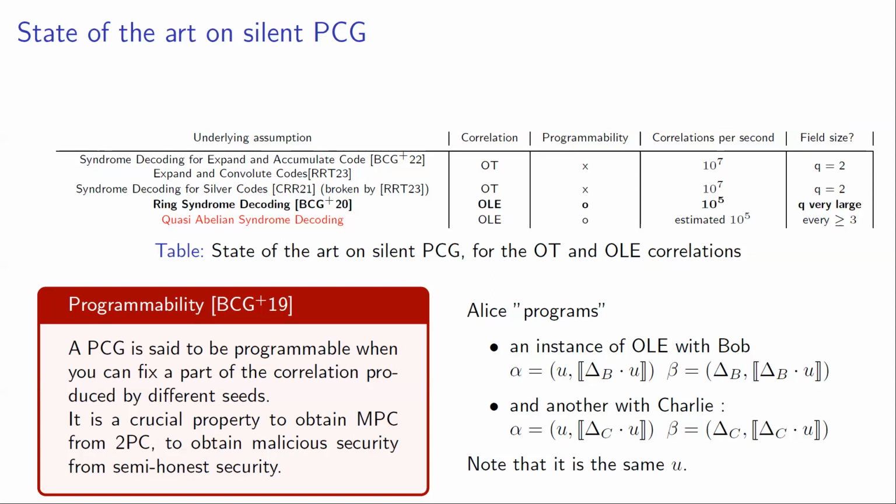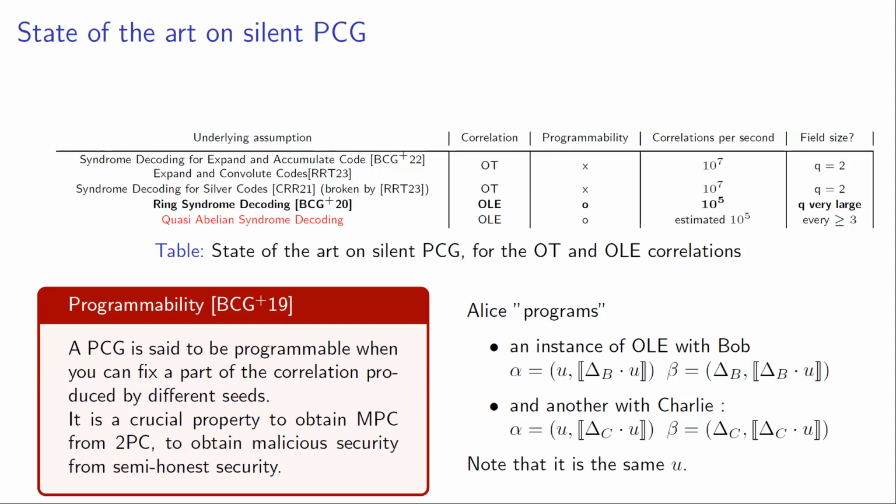In this work, we propose a method to improve this constraint, to reduce the Q. We prove that we can have a PCG for producing OLEs for Q split 3.